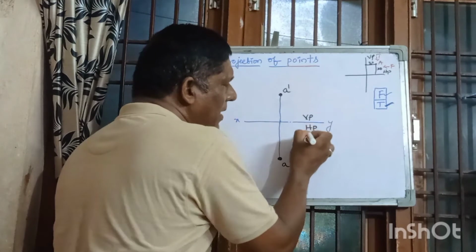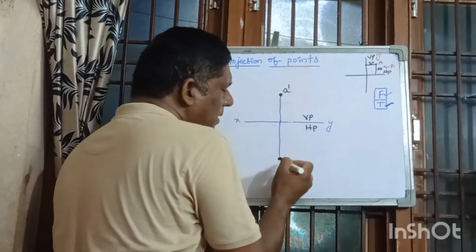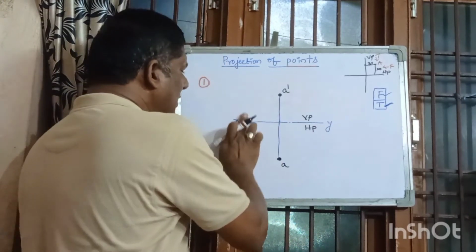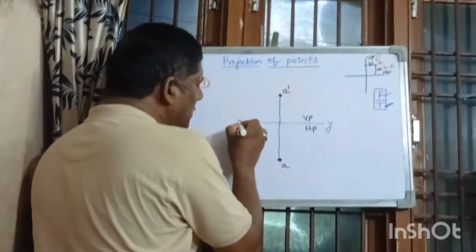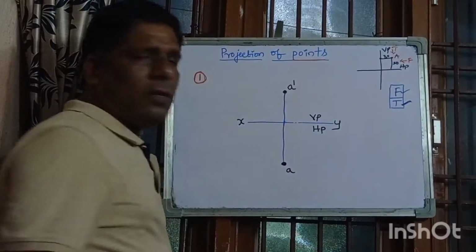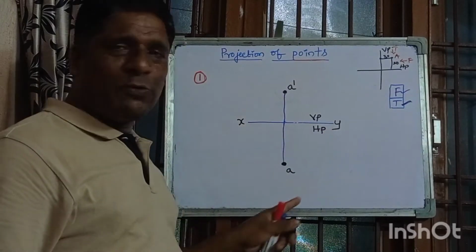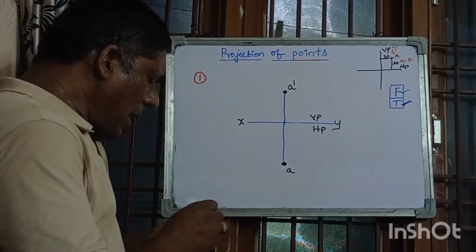So here we write vertical plane, horizontal plane. And this XY also with the HB pencil. Now you may get a clear idea of which is HB pencil and which is 2H pencil.